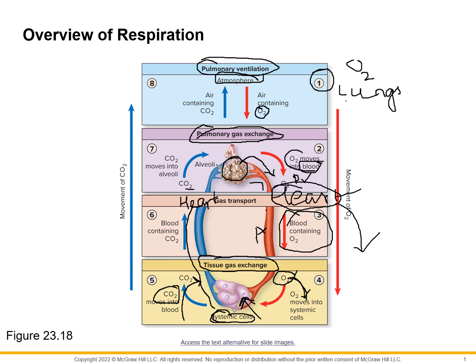Now from the heart, it gets into the pulmonary artery, which is where it goes to the lung, right here, into the alveolus. Now in the alveolus is where carbon dioxide gets unloaded. We exhale and carbon dioxide is exhaled back into the Earth's atmosphere.